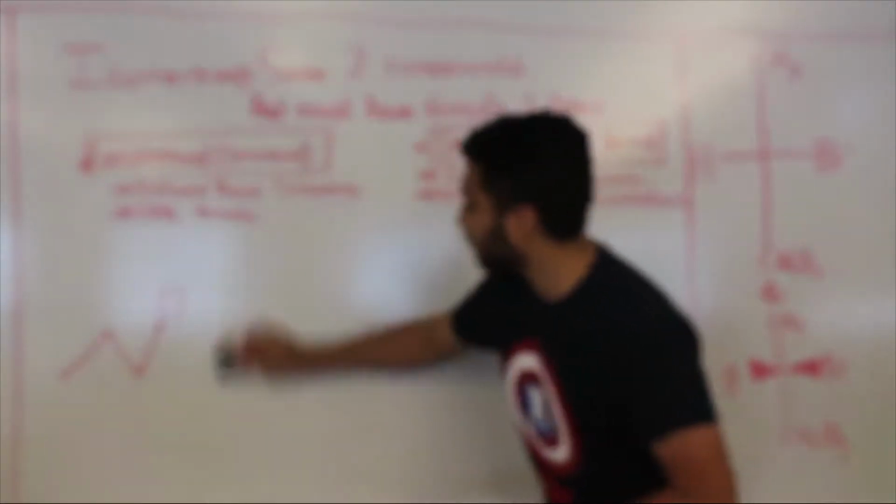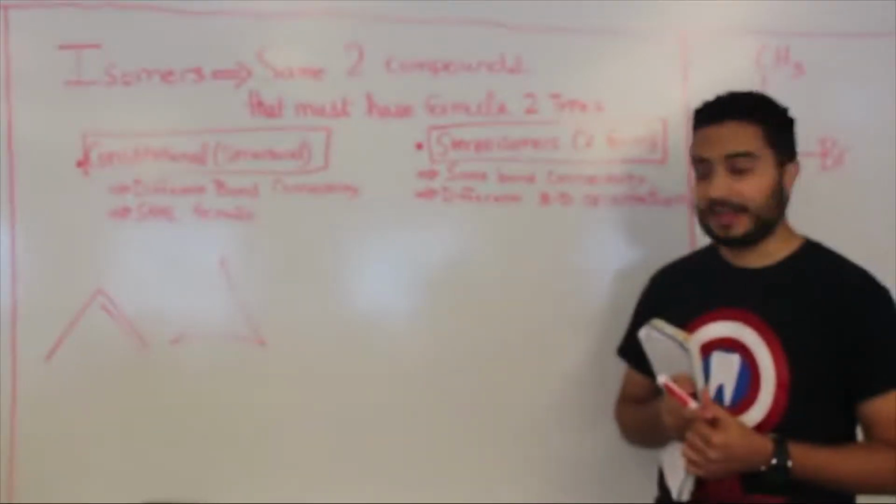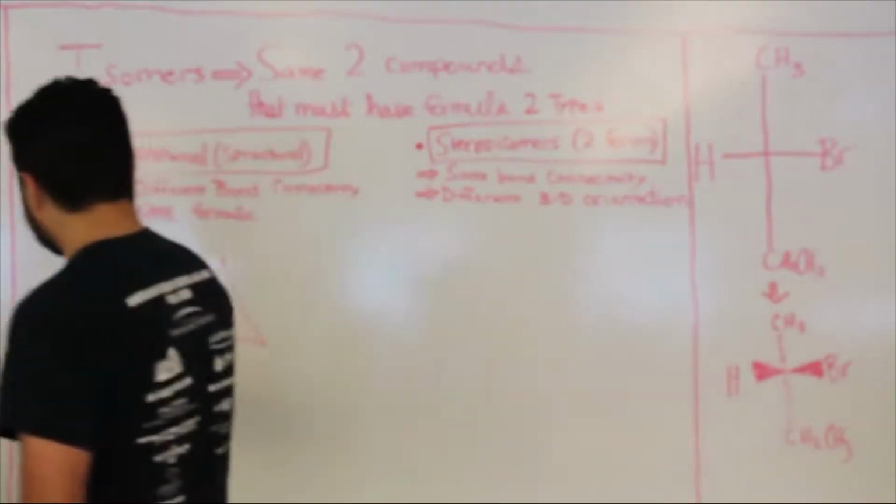Also, you can look at another example like this. I'm going to erase this and put it back. So how many carbons are in both of these? How many? Yeah, there's 3, right?